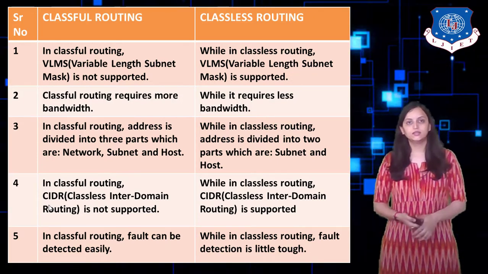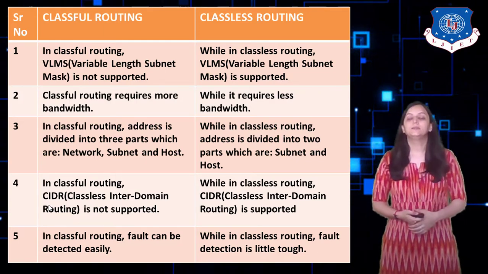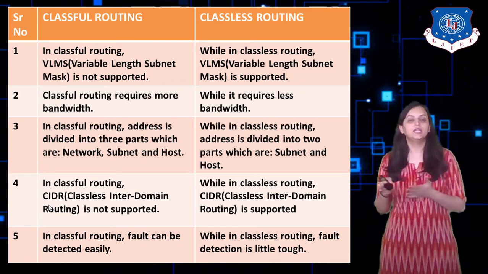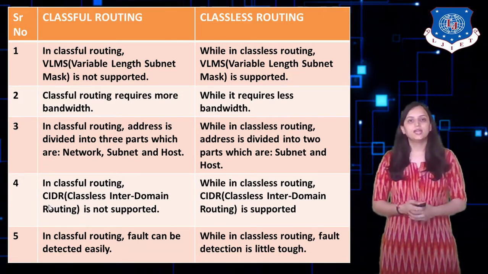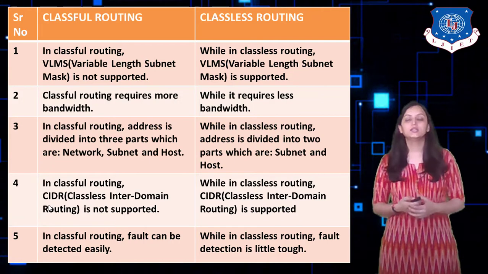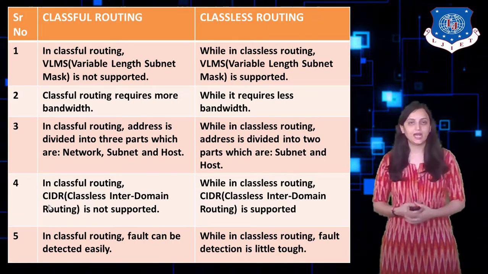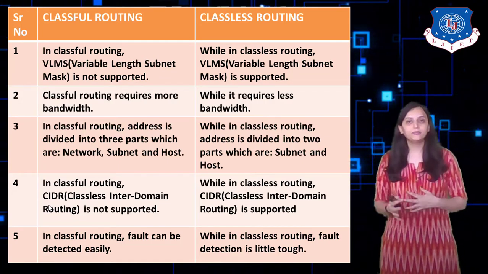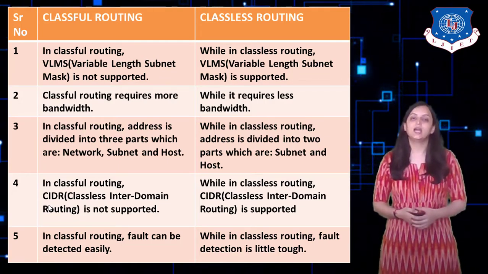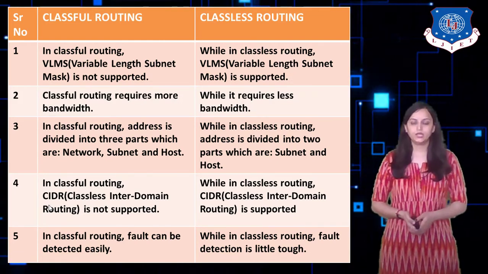The second point is that in classful routing, it requires more bandwidth because each and every class needs to use a fixed subnet mask and it may not change. Whereas in classless routing, it requires less bandwidth because it more effectively utilizes each and every class of IP addresses. So all the IP addresses are effectively utilized, and using that concept, the bandwidth is less occupied.